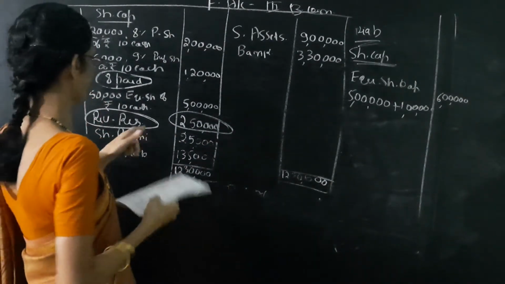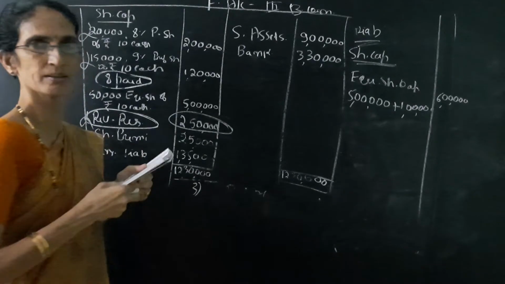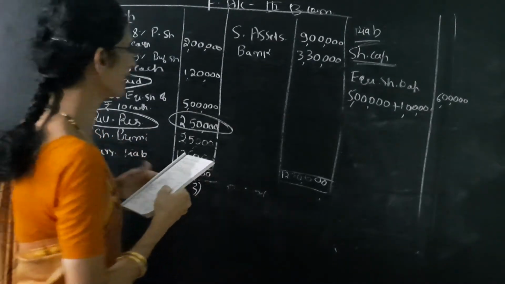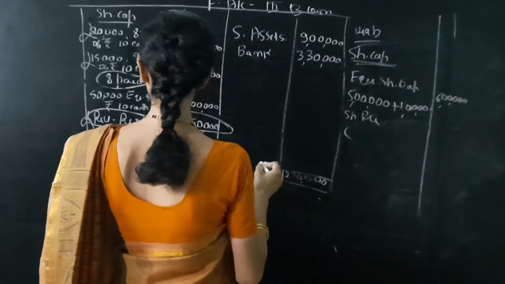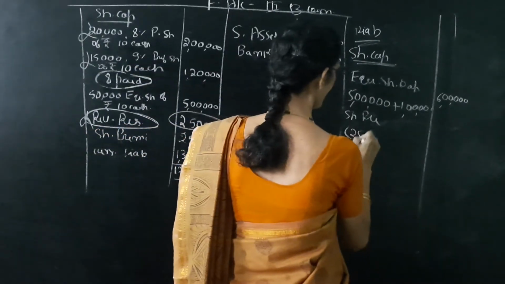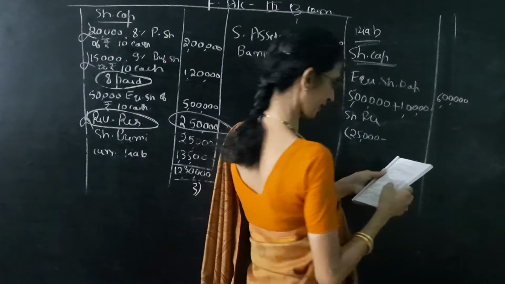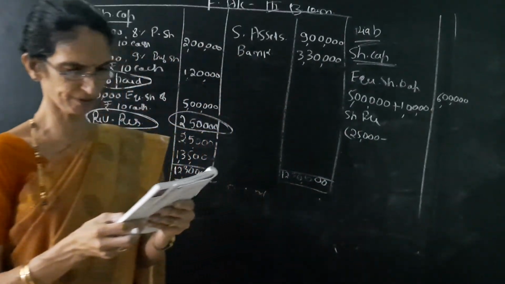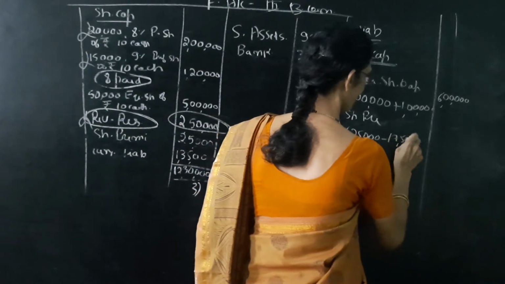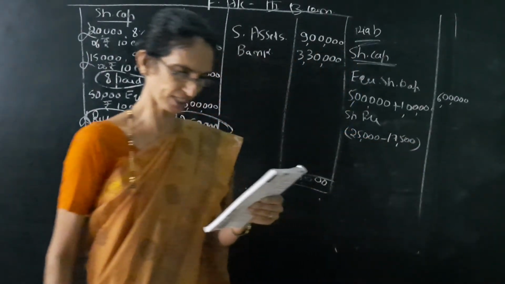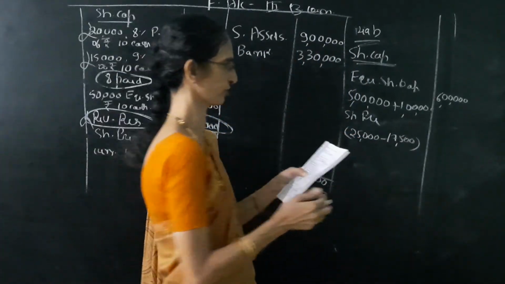Then revenue reserve is over. It is already paid. Then under share premium, within bracket, the opening balance we have is 25,000. We already paid redeemable preference share. See the entry: 17,500, premium on redemption of preference shares. It is 17,500.